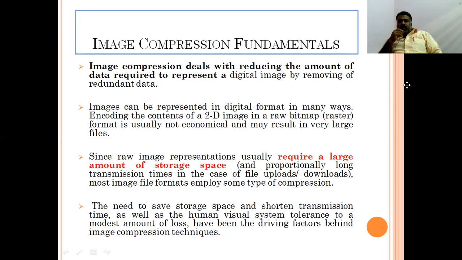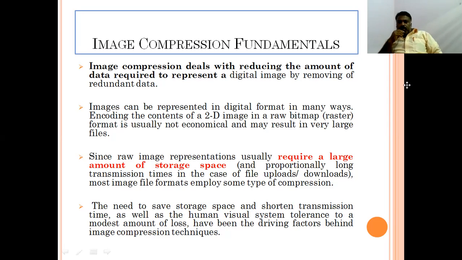Lossless and lossy are based on the loss of data, the missing pixels. If the missing data is below the standard error level, because up to a certain tolerance level it will not affect the quality, then we accept it, and at the destination side we receive a quality image.